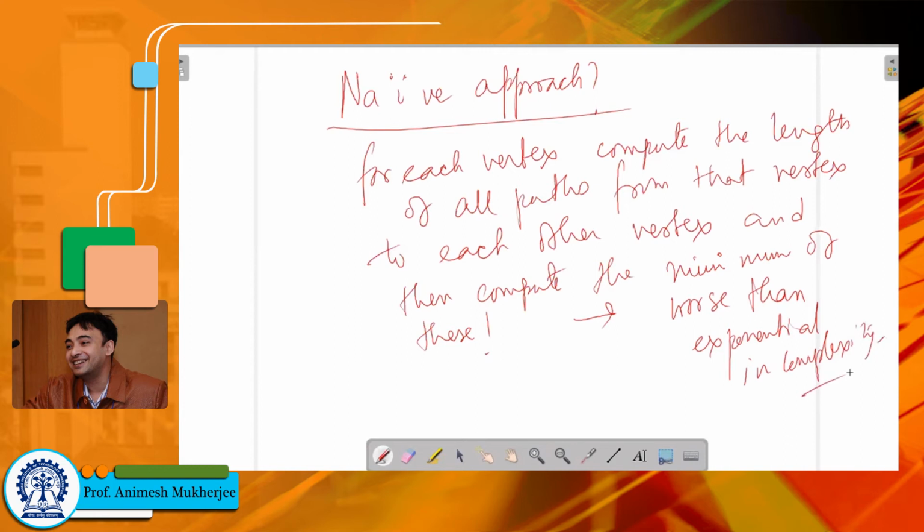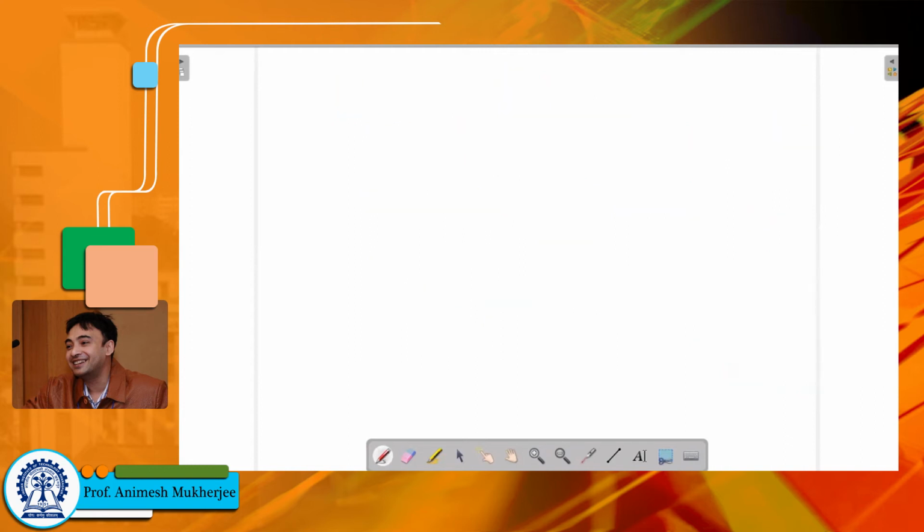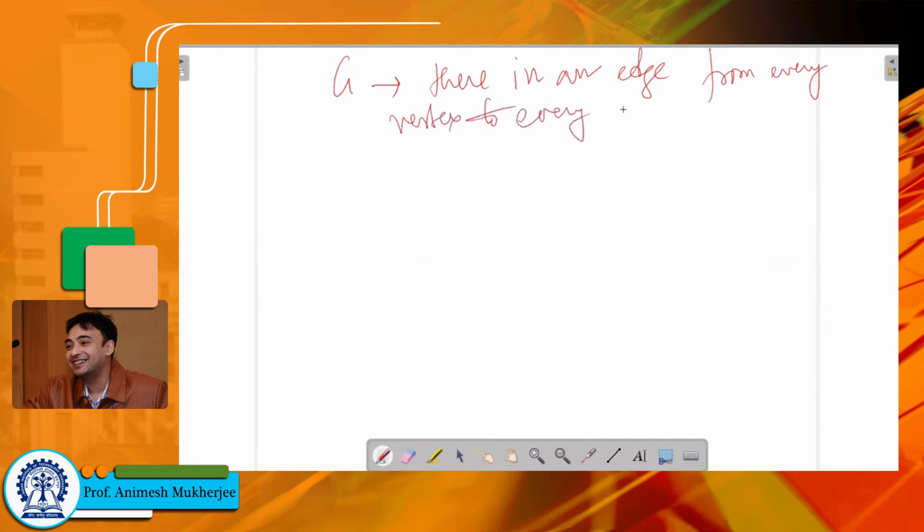The reasoning is very simple. Let us say that you have a graph G where there is an edge from every vertex to every other vertex. Okay.